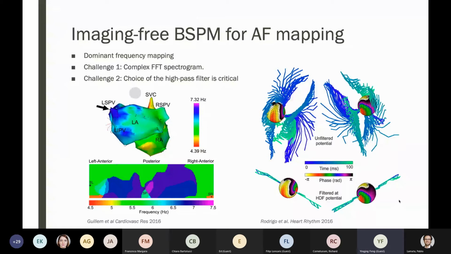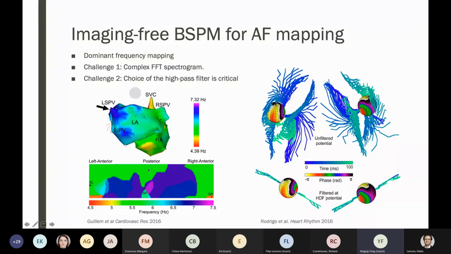Because ECGI is hard to solve, we are now looking at imaging-free BSPM for AF mapping. This has been done extensively by Millet's group in Spain, who did dominant frequency mapping, like this chart, where the dominant frequency map corresponds very well with the body surface potential map in DF location and distribution.